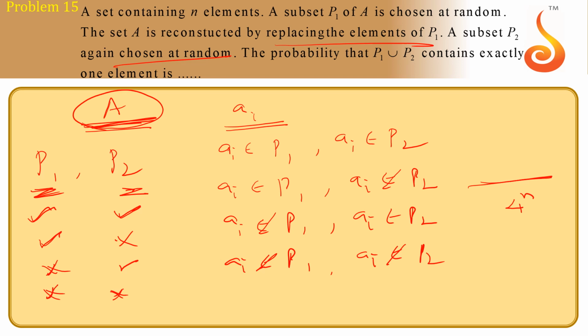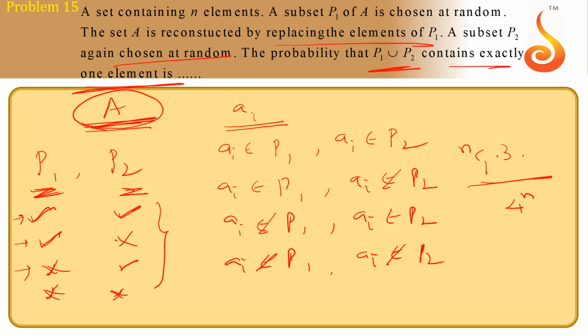Now what I want is that P1 union P2 should contain exactly one element. Means if I select one element from n, that is the only element P1 union P2 should have. That element which I selected can be in any one of the first three options. So there are three chances for that.